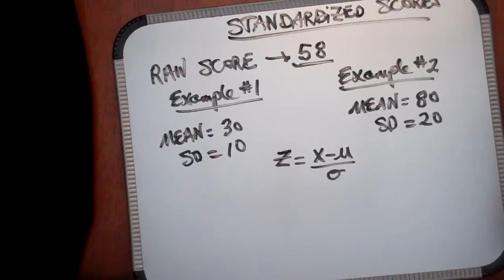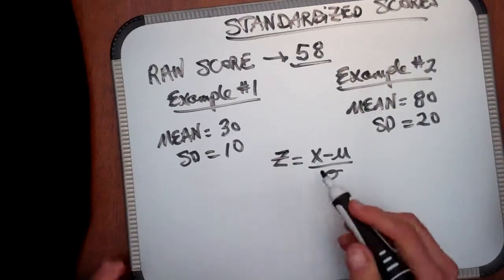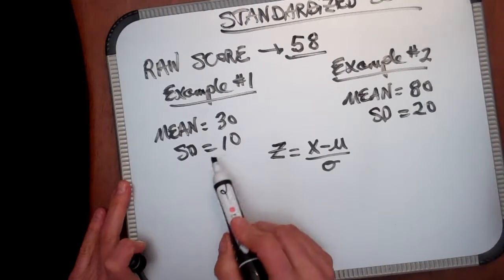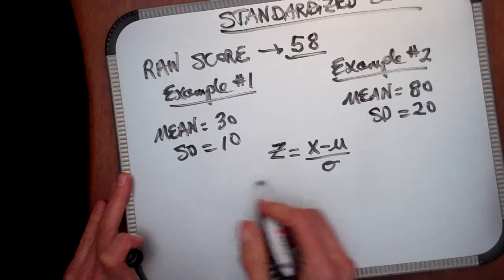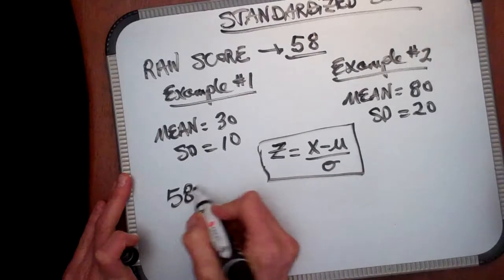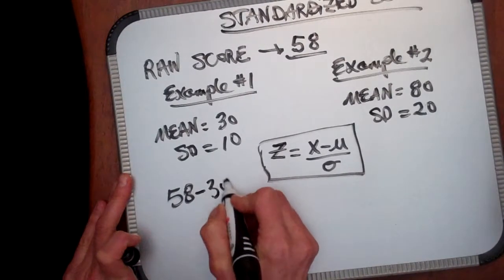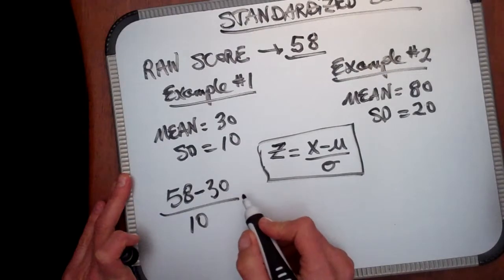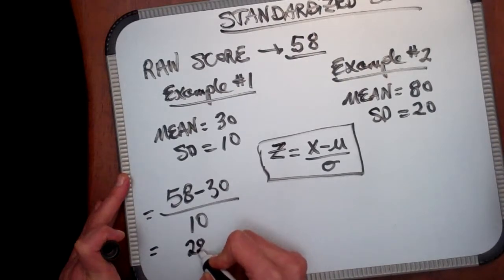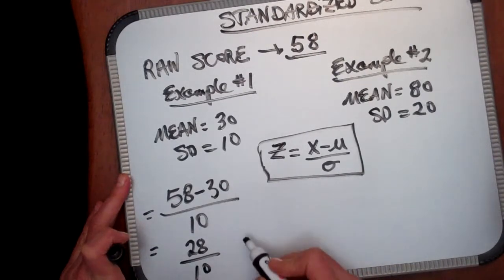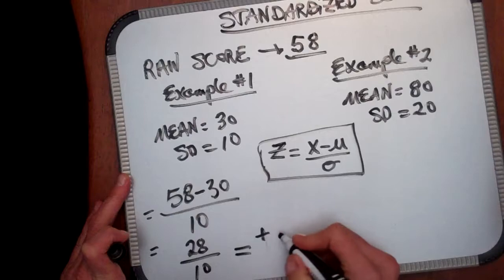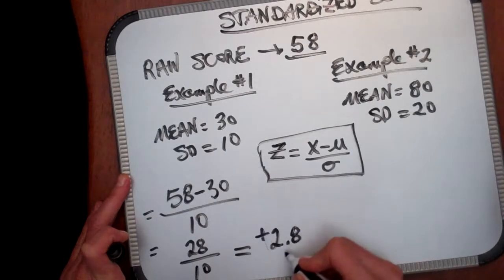Now, if we calculate the z-score equivalent of 58 for this first example in the distribution where the mean is 30 and the standard deviation is 10, using this formula, we get 58, which is the score, minus the mean, divided by the standard deviation, gives you 28 divided by 10, which equals a z-score of positive 2.8.